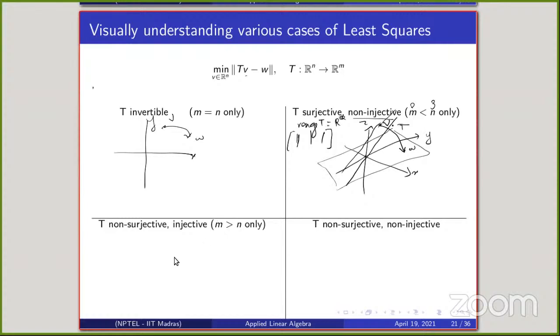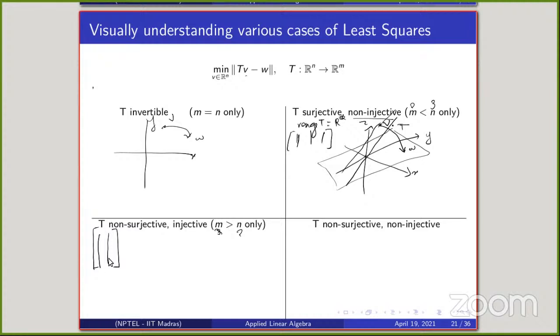Now we have a problem when T is non-surjective. So this is possible only when m is greater than n. So let's say m is equal to 3 and n equals 2. So in this case, let's draw the matrix. This is going to correspond to a tall matrix. By saying that this is injective, I specify that the rank is going to be 2.